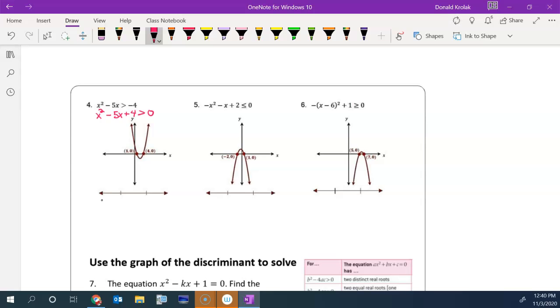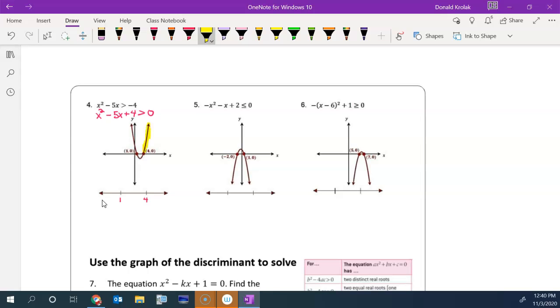Okay. Now, the two critical points are 1 and 4. So I'm going to put one critical point there, and another critical point there. Now, any x value that is to the right of 4 is going to have a positive y value, because this is where the graph is positive.